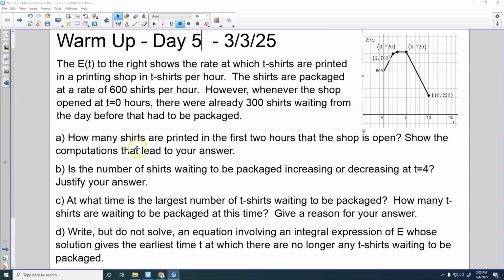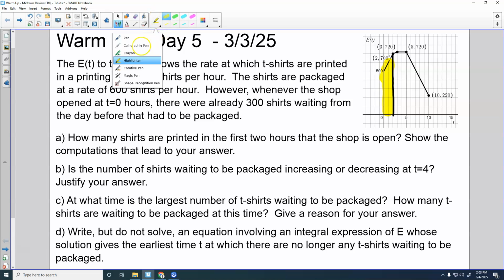So if I want to know how many t-shirts are printed in the first 2 hours, what do I have to do? Area under the curve from 0 to 2. Oops, sorry about that. There we go. So from 0 to 2, we're looking at this area right here.